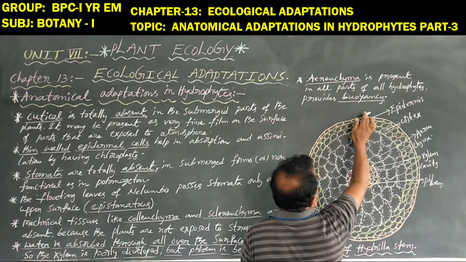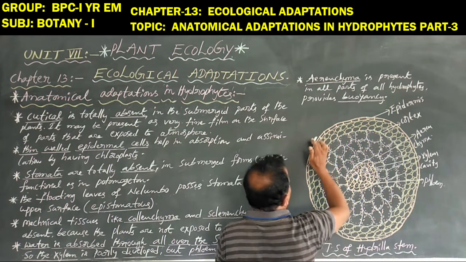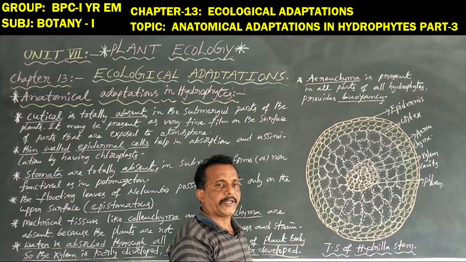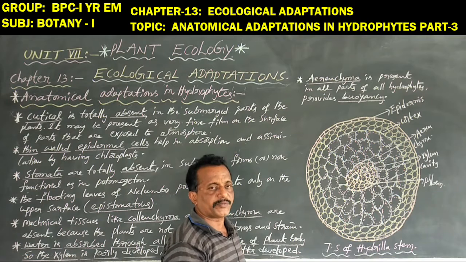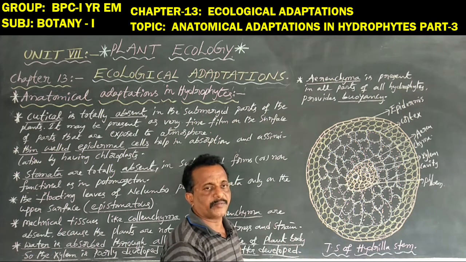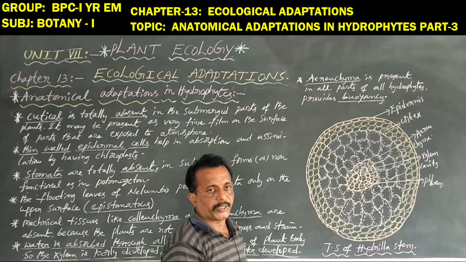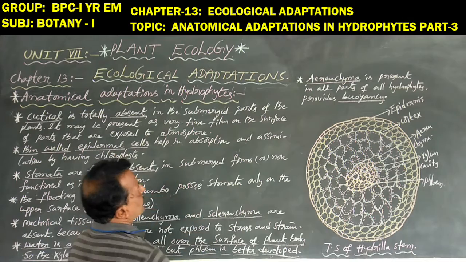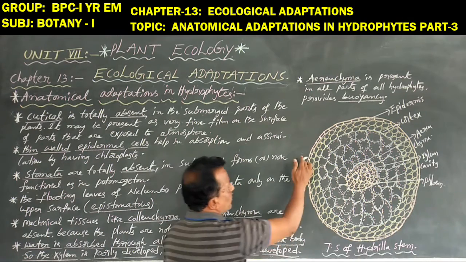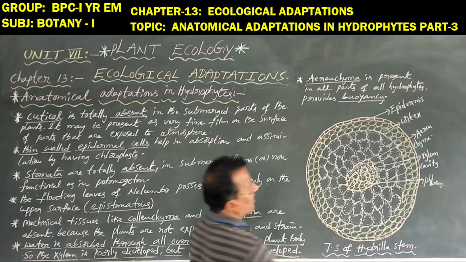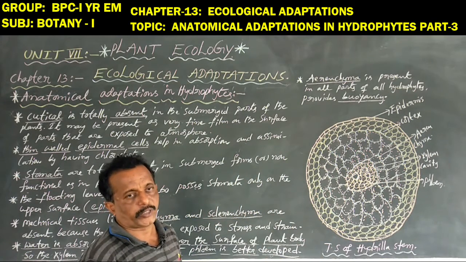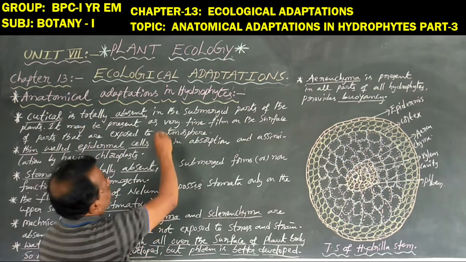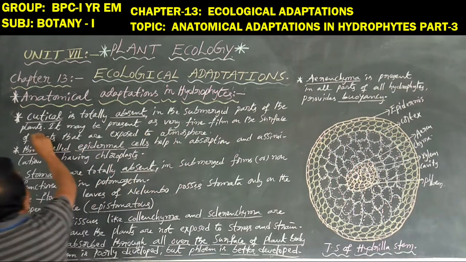But in aquatic plants, especially submerged plants, the cuticle is totally absent. Only the epidermis is a single layer, not covered by cuticle. Cuticle is totally absent in the submerged parts of the plants.